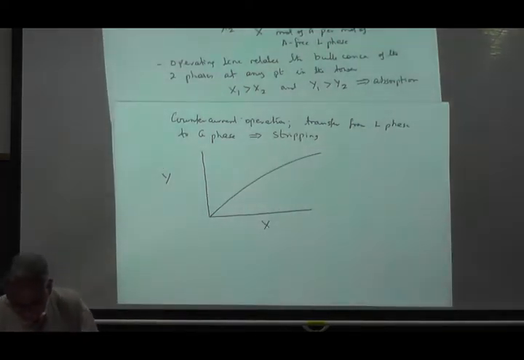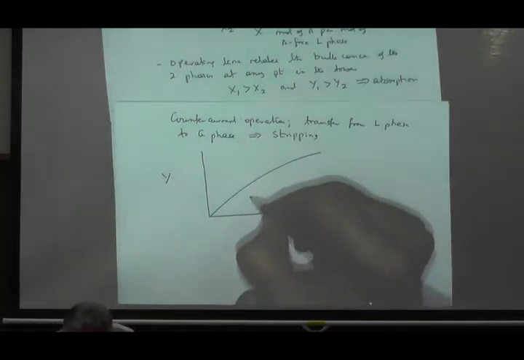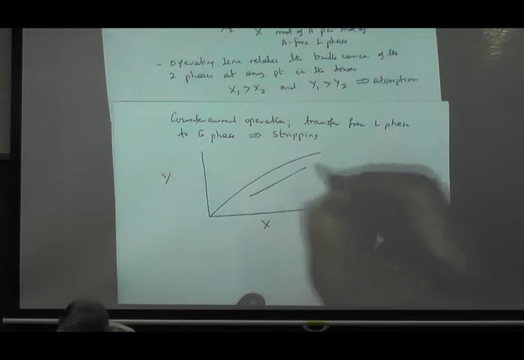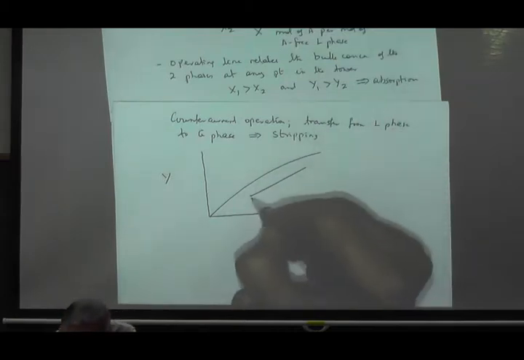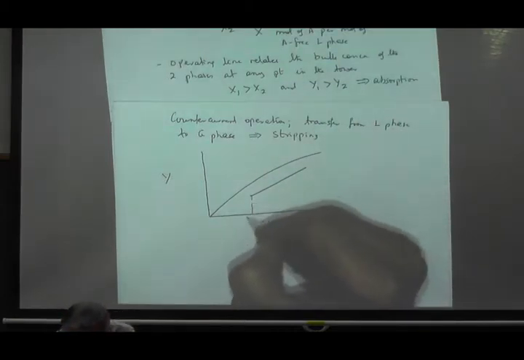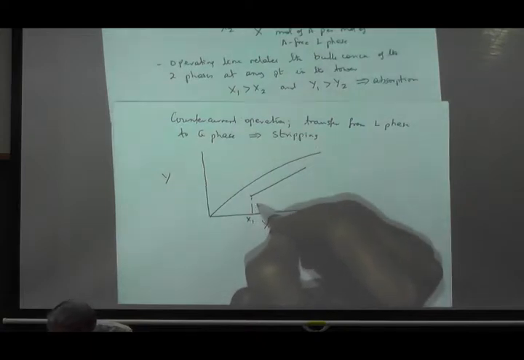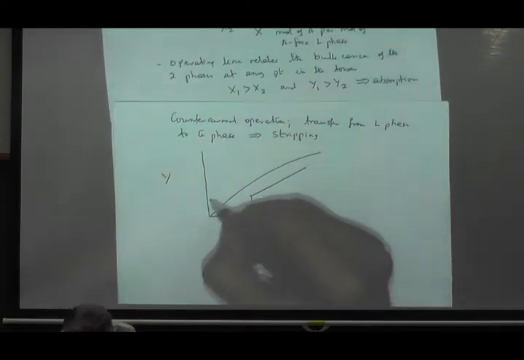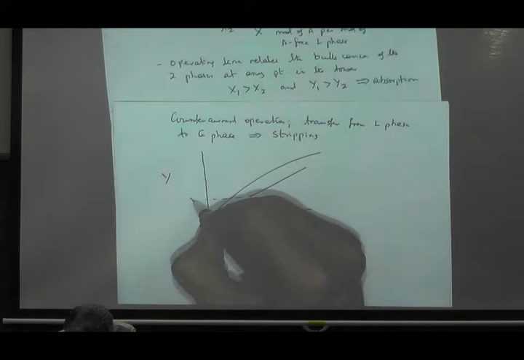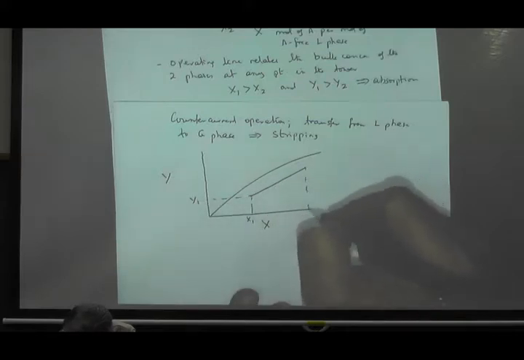So what will happen in that case? Well, I leave it as an exercise, you can work it out, but basically again the slope will be the same, but this would be your x1, y1 and this would be x2, y2.